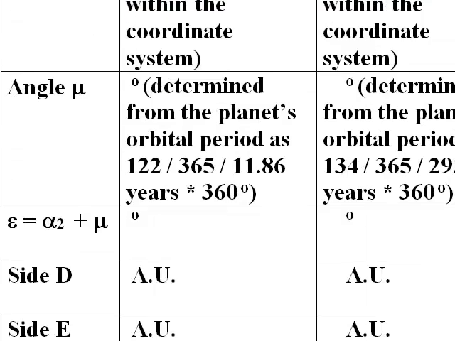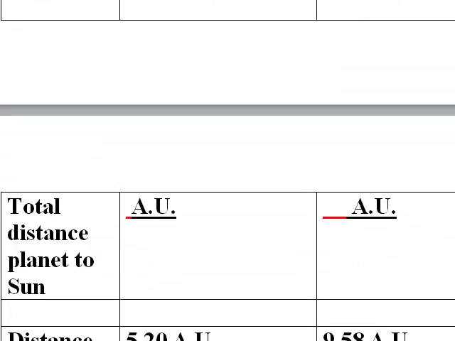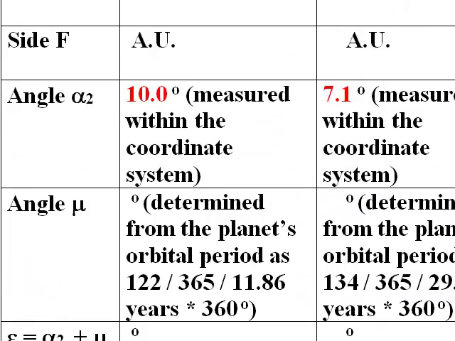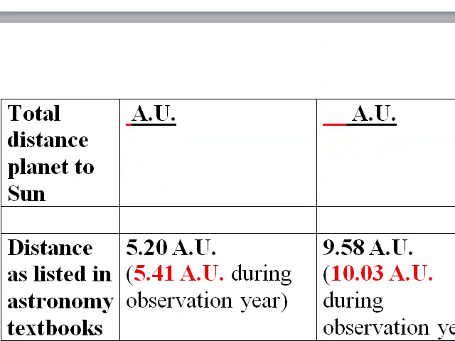And then here, these are the angle that you saw on the diagram, the sides D, E, and so on. I think side F is right there. And then eventually we're going to come up with a total distance of planet to the Sun, which we then compare to, these would be the average one here for Jupiter, and because it is slightly elliptical orbit, that's why in the observation year that I chose here, 2016, it's a little bit further out.